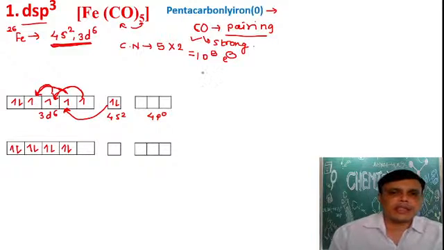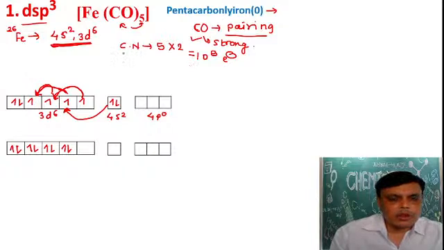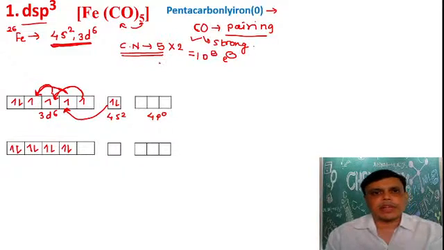Now these 10 electrons we have to fill into how many orbitals? 5 orbitals, because the coordination number of this complex is 5, and the metal should have at least 5 vacant orbitals so that they can accept the electrons from the ligands.